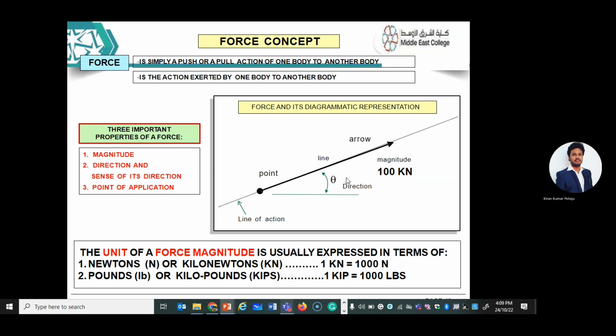So here, if you see this figure for understanding, this is the point where it is starting and it is going in this direction. And the back side of that direction is called the line of action. For this force, the magnitude is 100 kilonewton, and it is going in this direction.